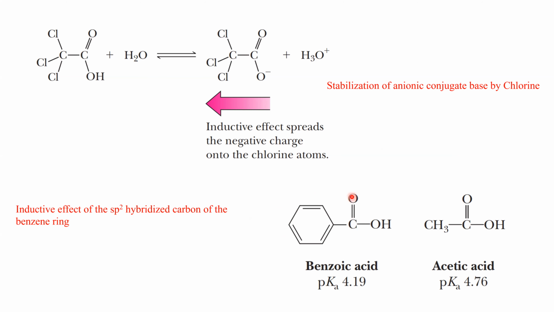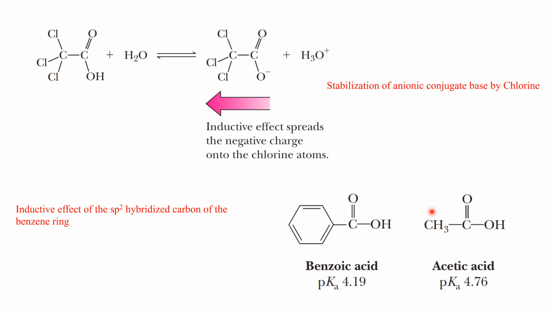And this carbonyl is of course in delocalization, and can draw electron density towards itself, and it can also do that due to this benzene ring. So these are stabilized because of the presence of this phenyl ring.